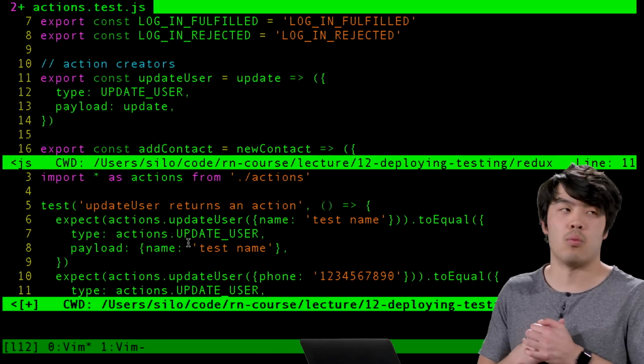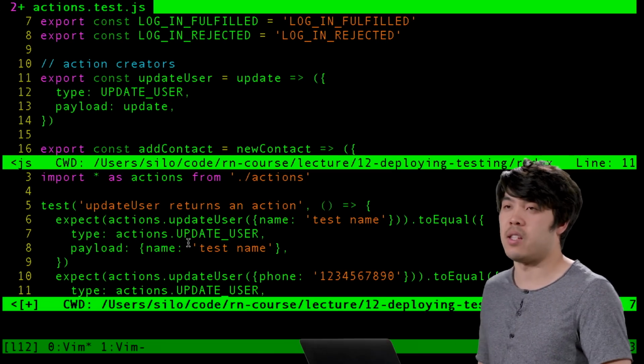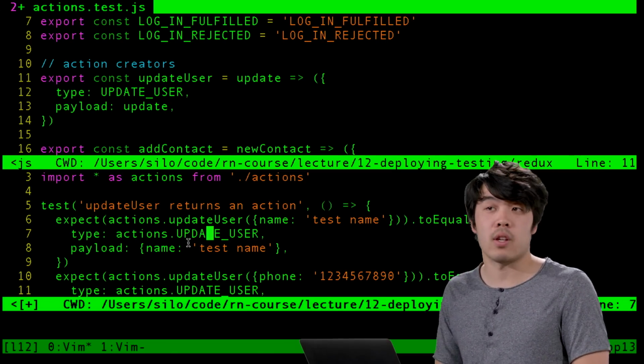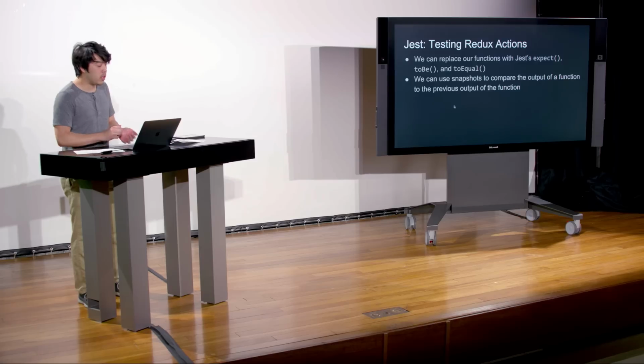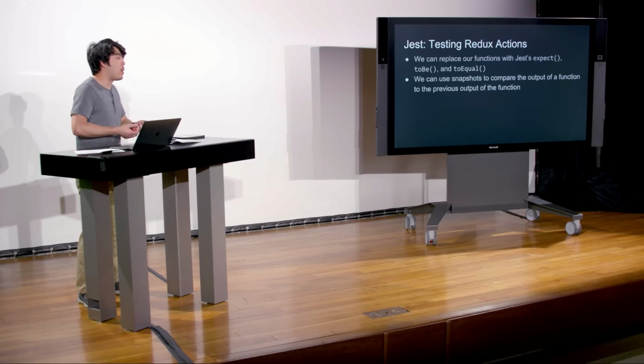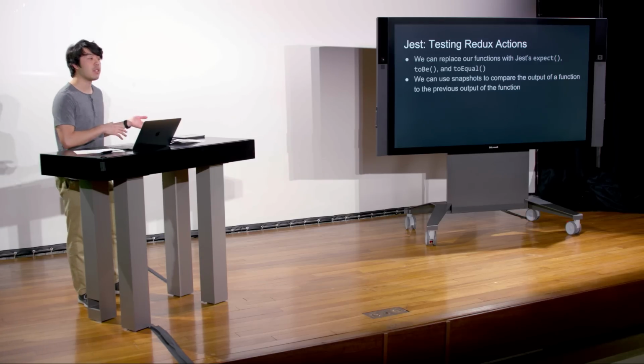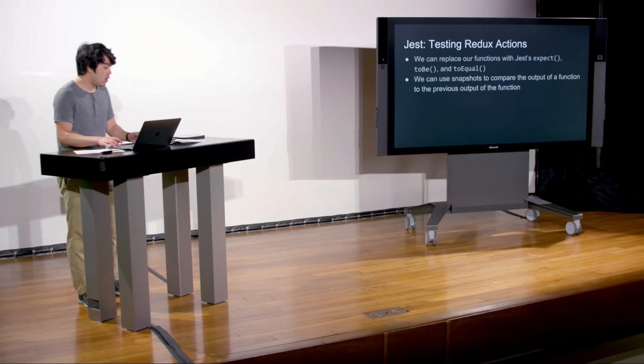And so we're almost word for word just re-implementing that exact function, which isn't really great in terms of testing, because if we're testing a function by running a function that we implemented in the exact same way, if there's a bug in the first function, of course there's going to be a bug in the test function, and so we won't actually catch any bugs that we might have intended to catch. And so what might be a better way to test this? Well, it turns out there's this thing called snapshots, which compares an output of a function in the past to what we get now.